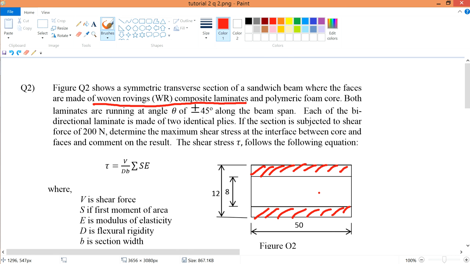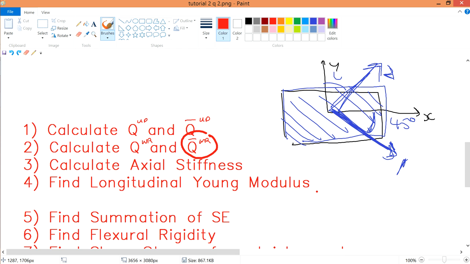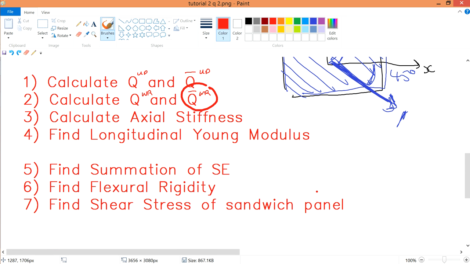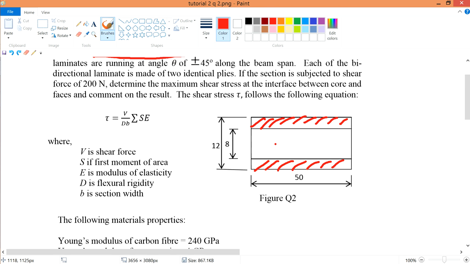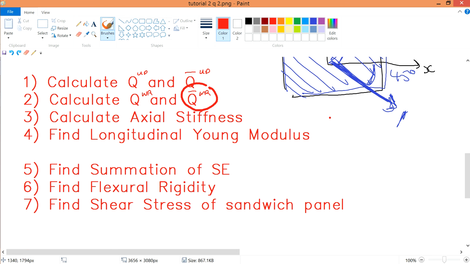So we will continue to deal with the faces, and we are going to calculate the axial stiffness and the longitudinal Young modulus E of your faces. We have to calculate the Young modulus of your faces, and this is why we need to first calculate the axial stiffness. We shall see you in the next video to talk about both of them, which is these two.